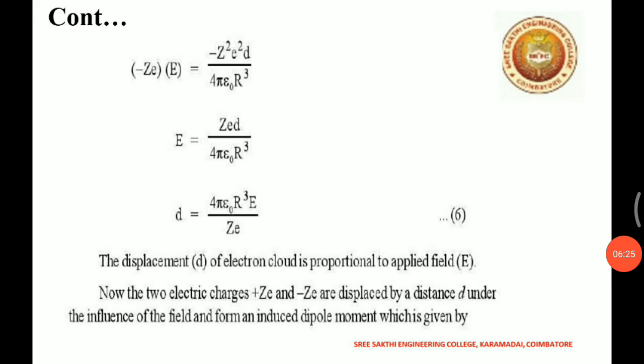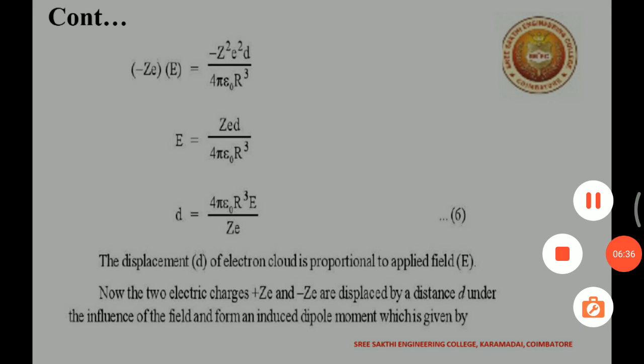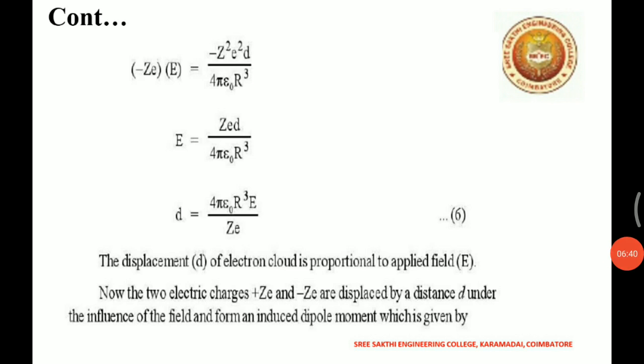So if we want to find the displaced distance, the distance to which the electrons are separated, d is equal to 4 pi epsilon naught R cube E divided by Ze.